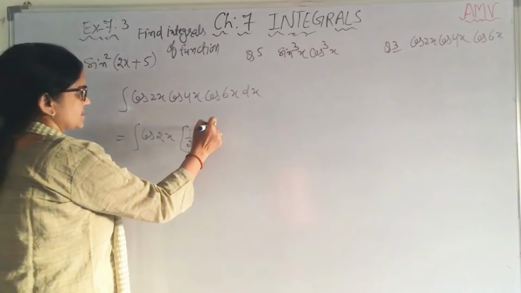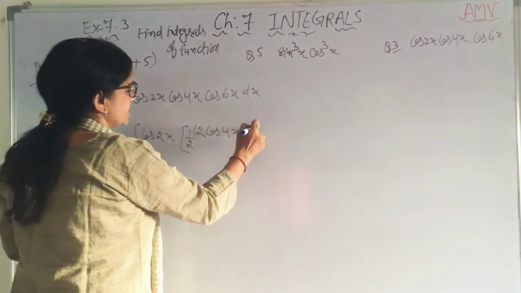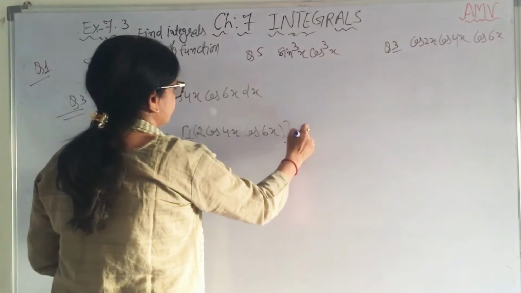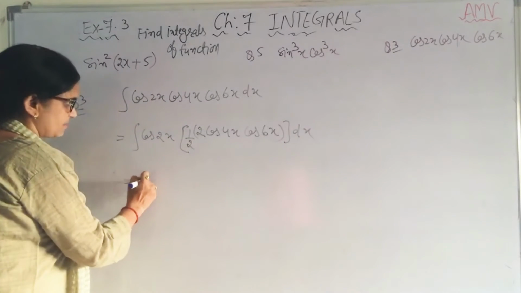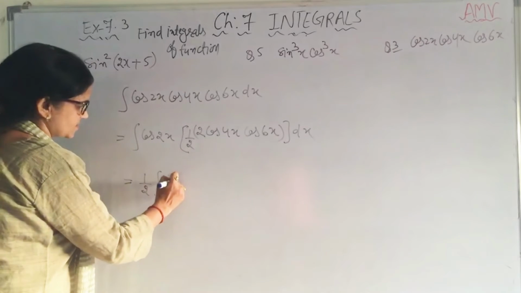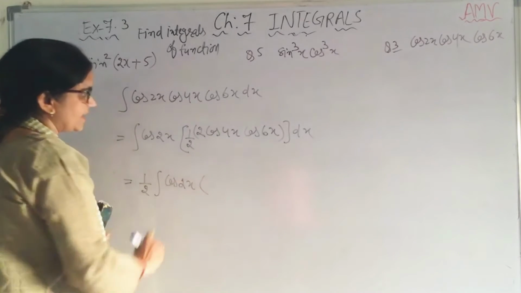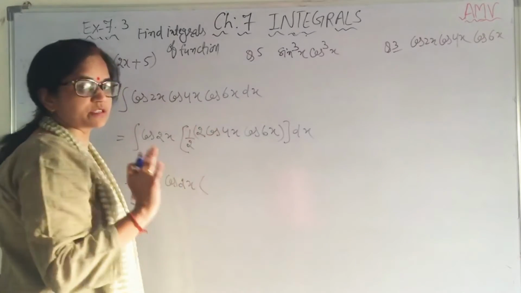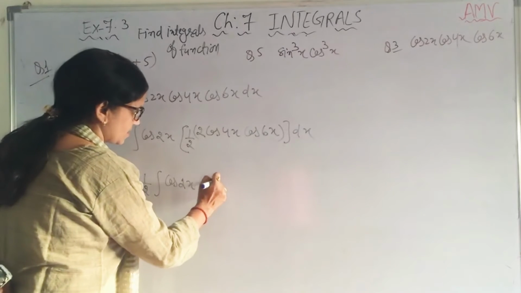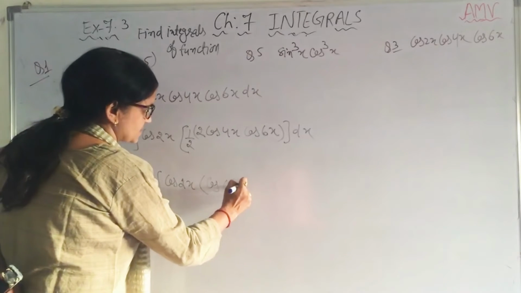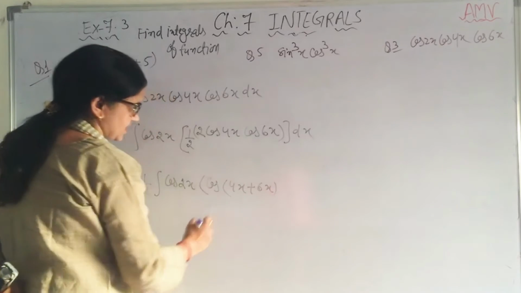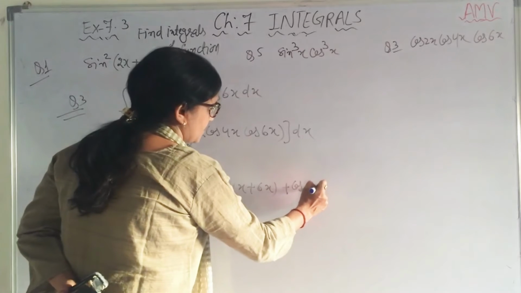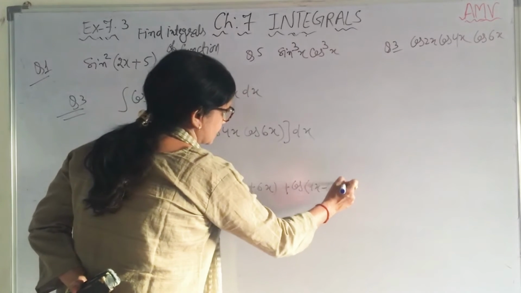The terms are cos 4x and cos 6x. Now take 1 by 2 outside, it is cos 2x, and here apply the formula for 2 cos a cos b. The identity is cos (a plus b), meaning 4x plus 6x, then plus cos (a minus b), meaning 4x minus 6x.